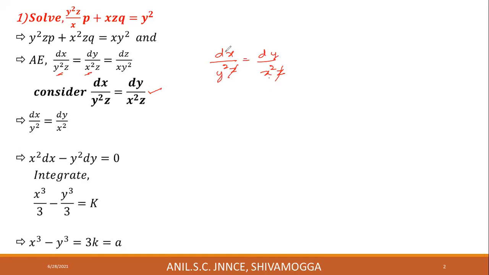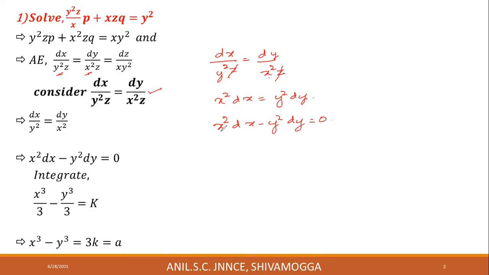What you get here is x square dx equal to y square into dy. Or you can write it as x square dx minus y square dy is equal to 0. Clearly, this is a differential equation obtained by separating the variables.